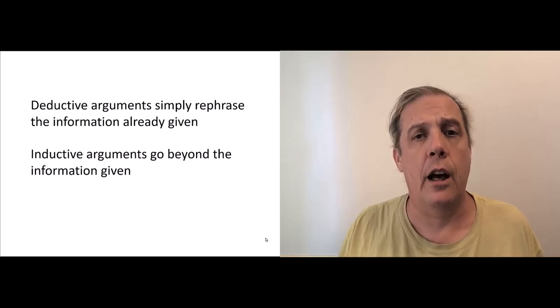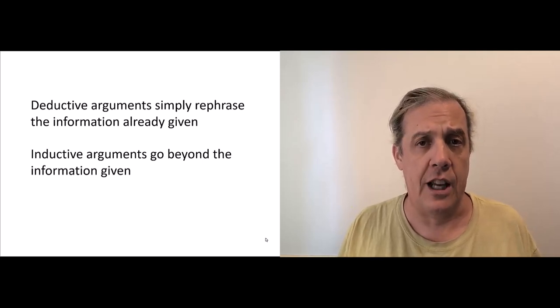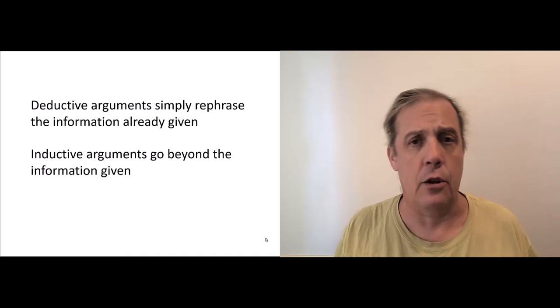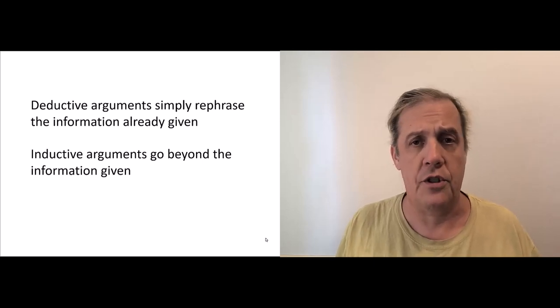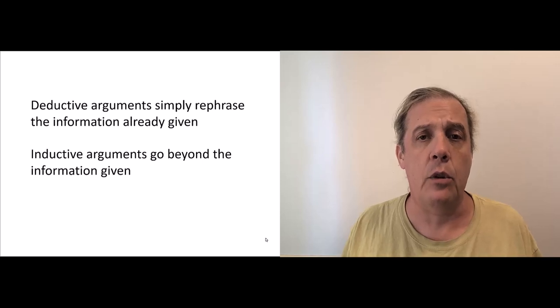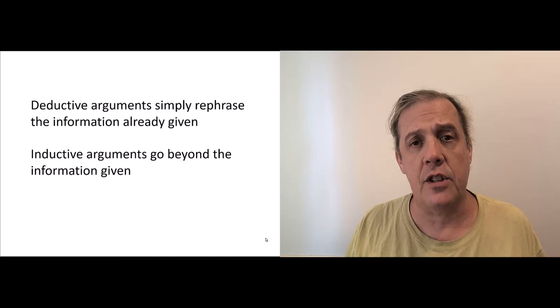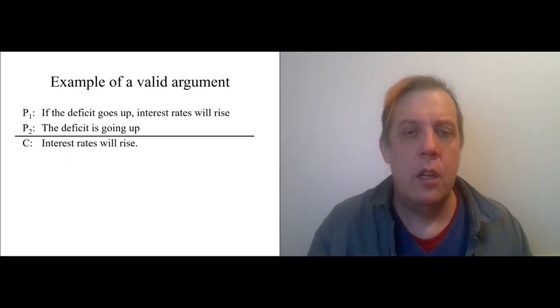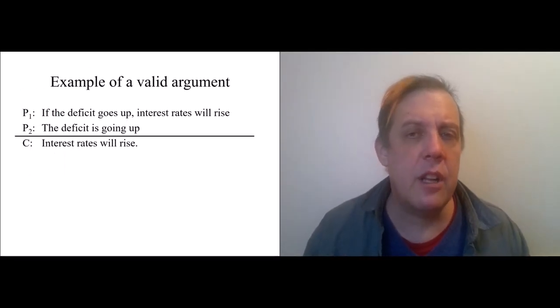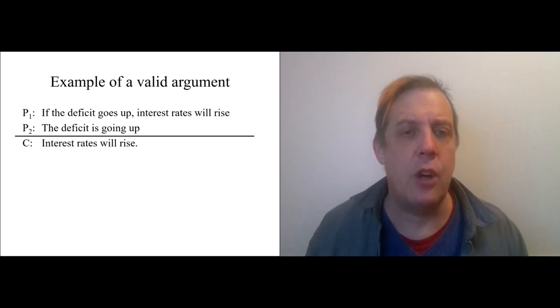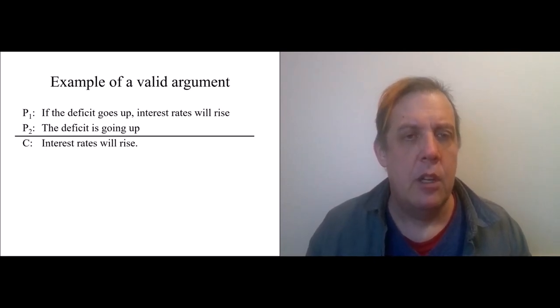Okay, so now I'm going to run through a few examples of arguments that can be valid or strong or cogent or sound. And then we'll take a look at the homework, and then we'll come back around and talk about things like standards of proof. All right, so here's an example of a valid argument. Start with a hypothetical statement.